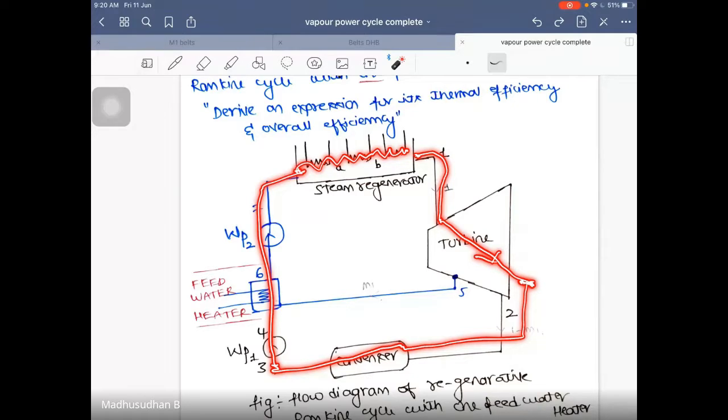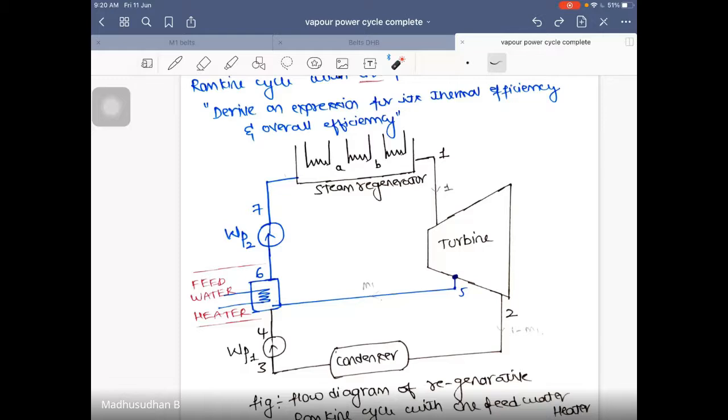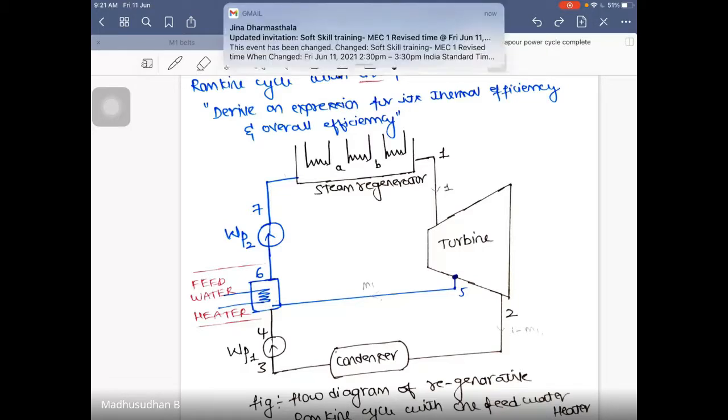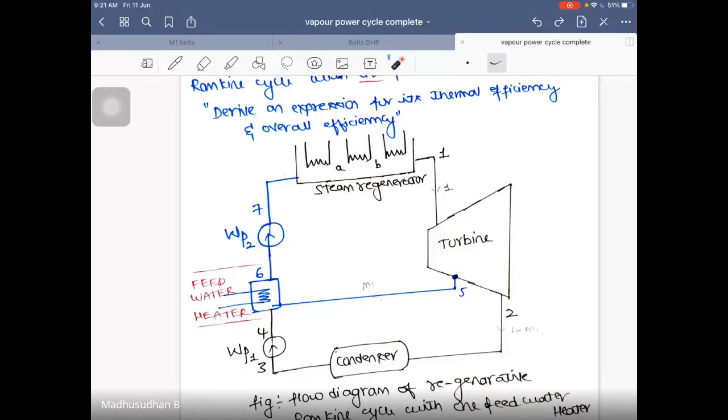Now, what is regeneration in a Rankine cycle? What I do is the same thing. The pumped liquid is sent to the economizer, next to the boiler, next to the superheater. Next it is sent to a turbine where it is allowed to expand partially. Only 50% is allowed to expand here.